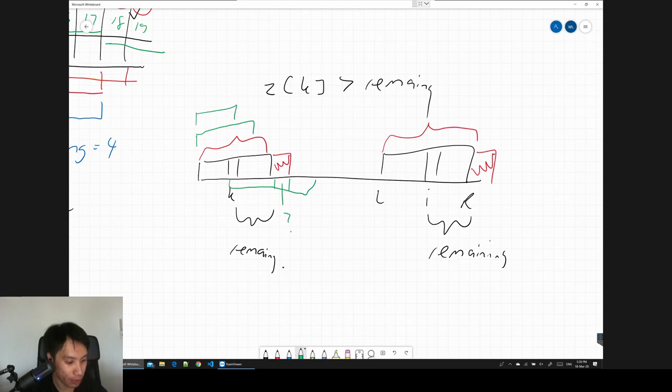So here will be my remaining, and here will be my remaining. If I were to color it over here, it's going to be the same as the one here.